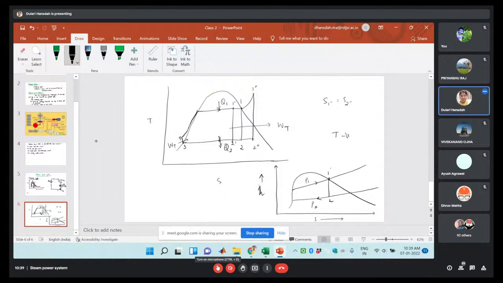If it is superheated, then you can draw from this line. So it will be 1 double dash, 2 double dash. If it is wet steam, then you draw inside it, 1 dash and 2 dash, okay. Now this is your point 4, sorry, this will not be 4, it will be a little behind.